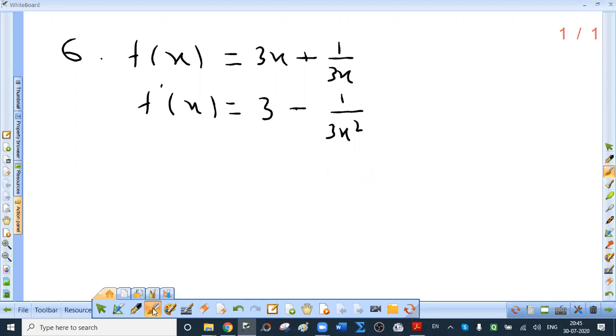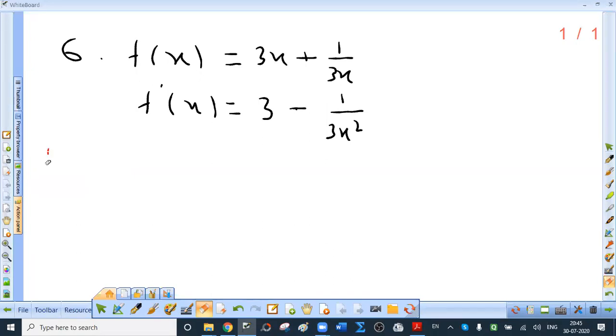Now you first write down this. I will dictate, you write down this. Now f is increasing if f dash of x is greater than 0 and is decreasing if f dash of x is less than 0.